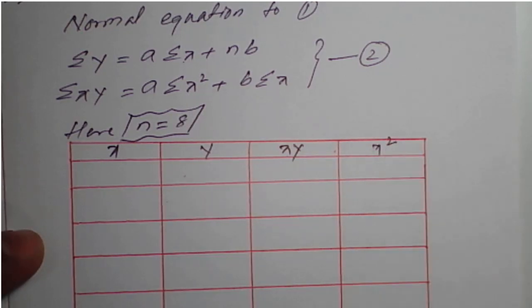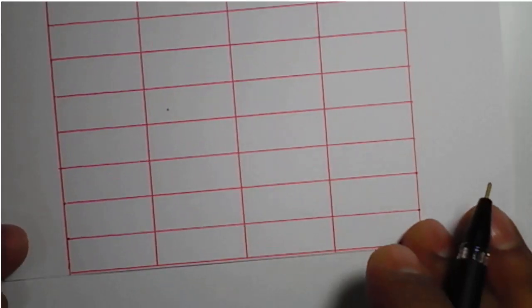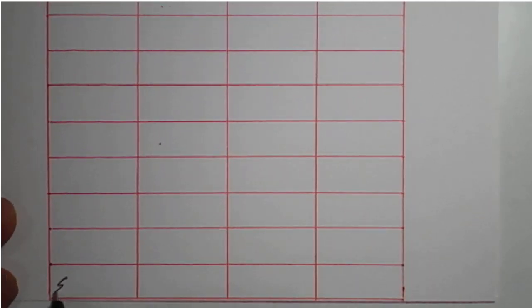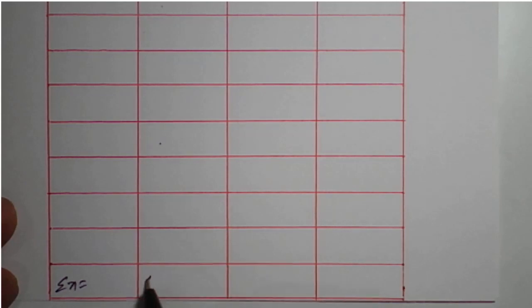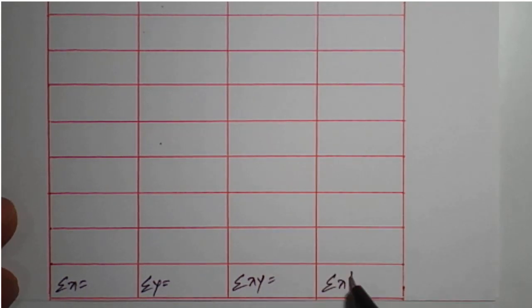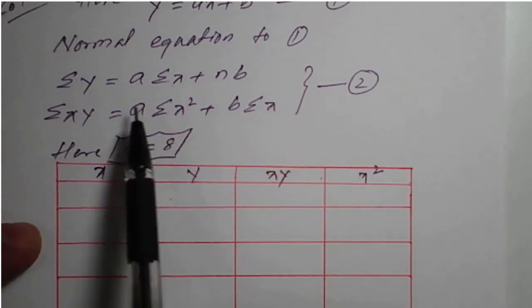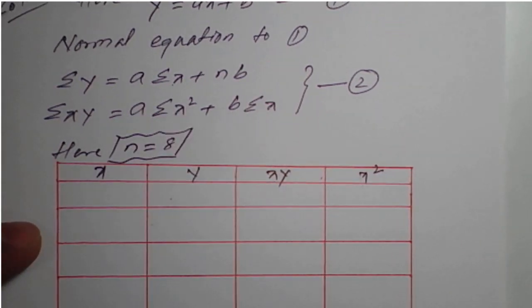From this we'll get summation x, summation y, summation xy and summation x square. With these values we'll apply in equation number 2, get equations, and solve them to get the values of a and b.